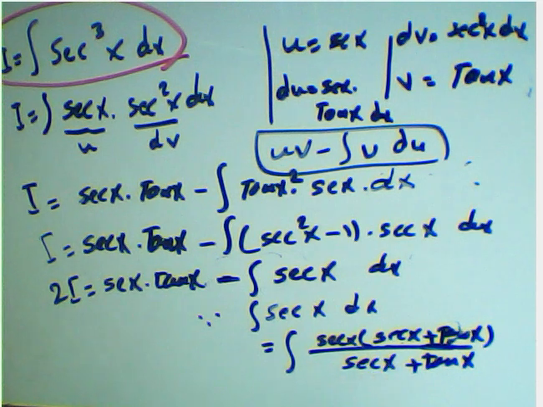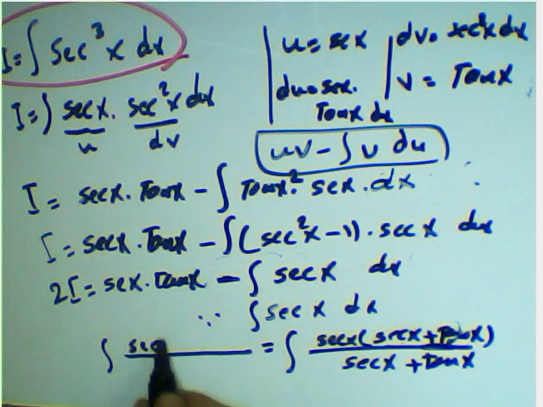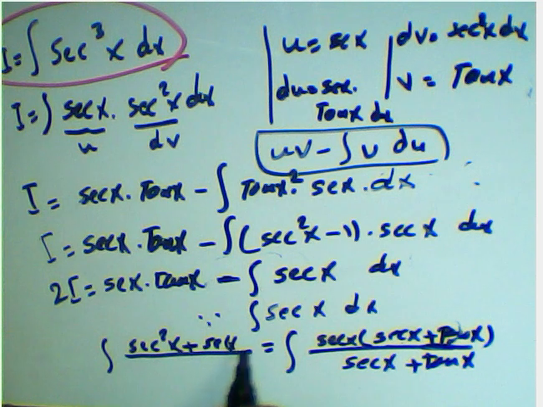Using multiplication there, the result will be here sec^2 x plus sec x tan x. Understood?